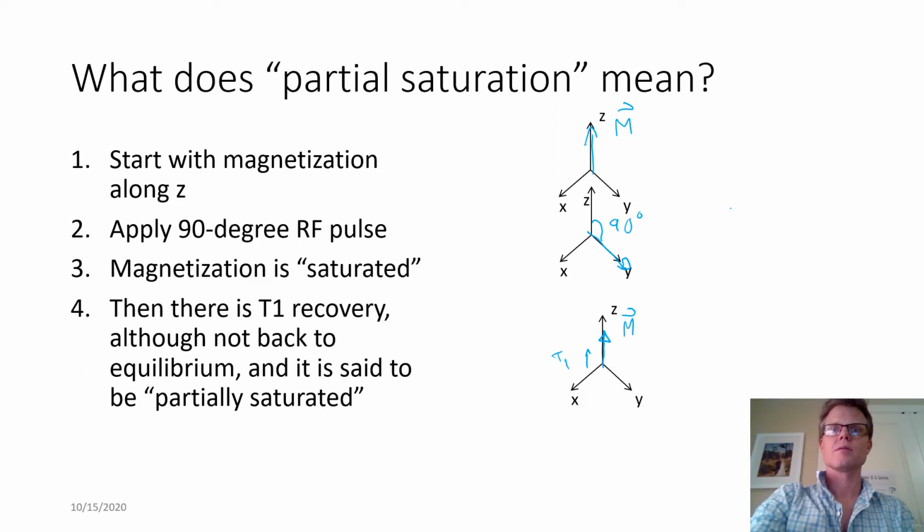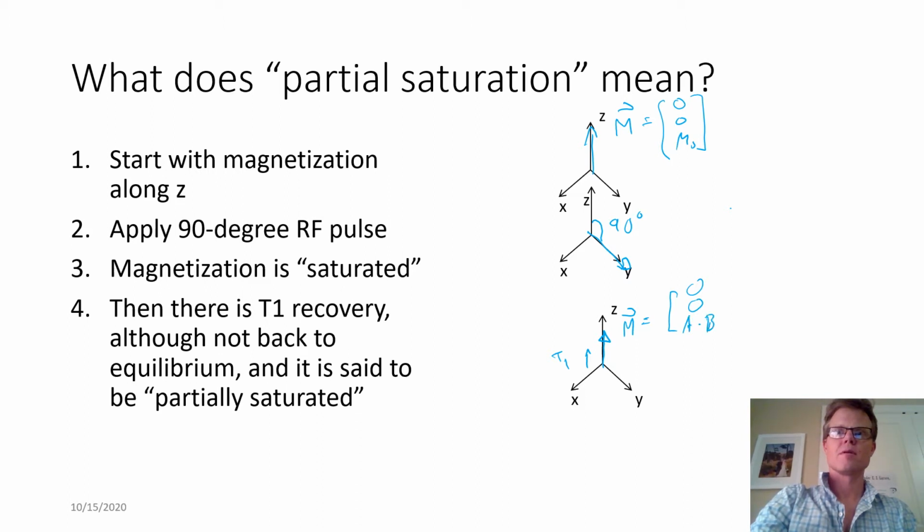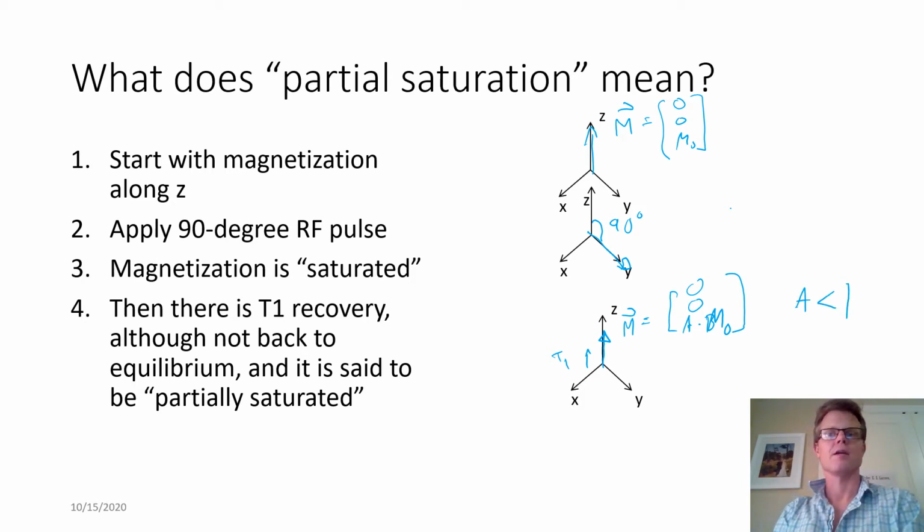So in this case, equilibrium is 0, 0, M0, and here we're at some fraction of M0, some constant a less than 1. And so in this case, we say it is partially saturated. So we saturated it, but it's getting unsaturated through the process of T1 recovery here.